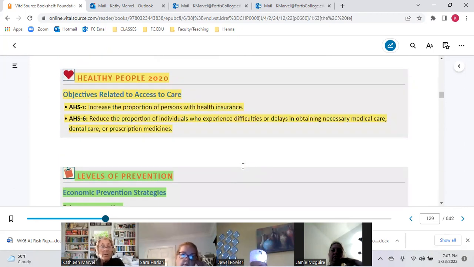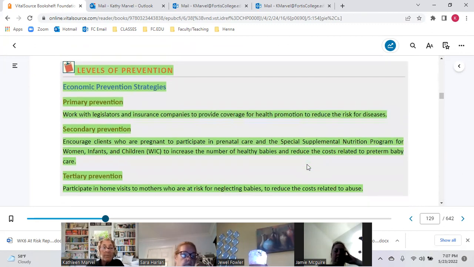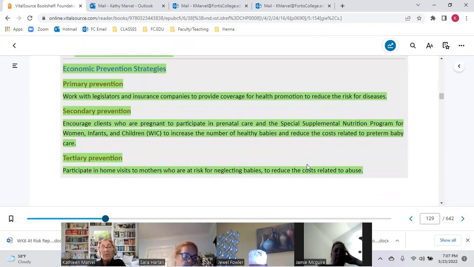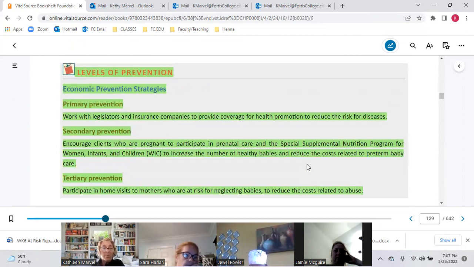And then here are your 2 Healthy People 2020 goals. So page 129, please have a look at these. One of them is to increase the proportion of individuals with health insurance, and the other is to reduce the proportion of individuals who experience delays in obtaining medical care, dental care, prescription medications. And here's our prevention box in this chapter. So have a look at that.